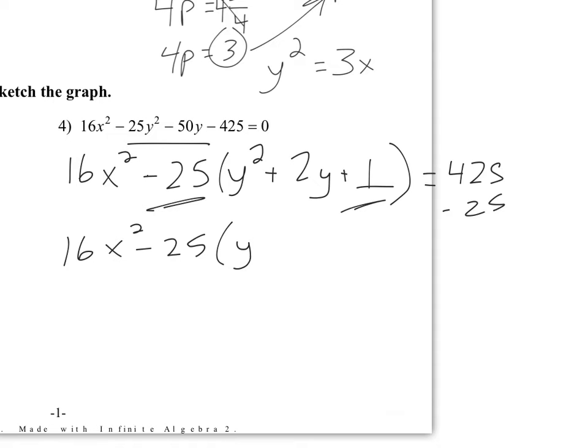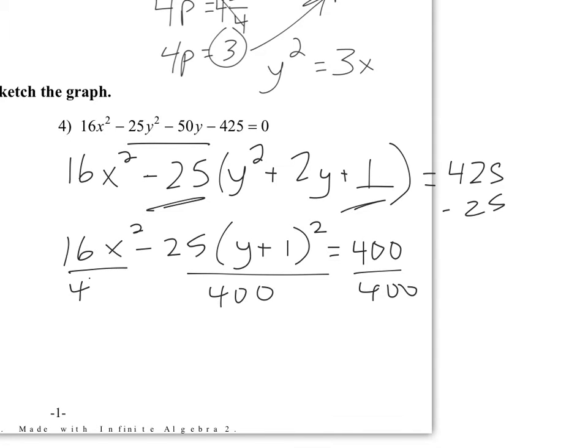So if you factor y squared plus 2y plus 1, you get (y plus 1) squared equals 400. Now divide everything by 400. Then that becomes 1. 16 over 400 and 25 over 400 are fractions that can simplify.